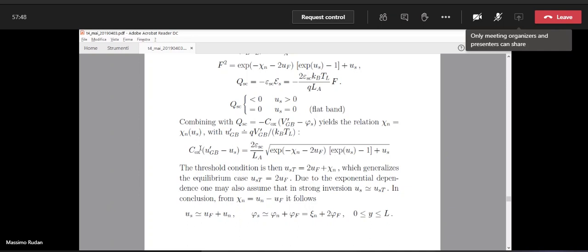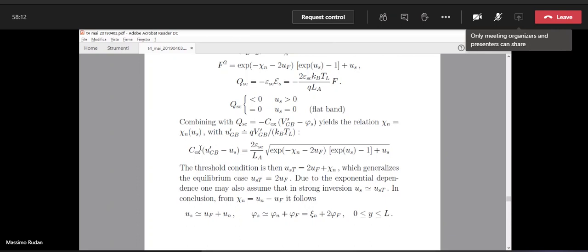Okay, so this is why we, in general, assume that when we reach the threshold condition in the transistor, then the surface potential varies little if we try to increase further the gate voltage with respect to the threshold value, okay?